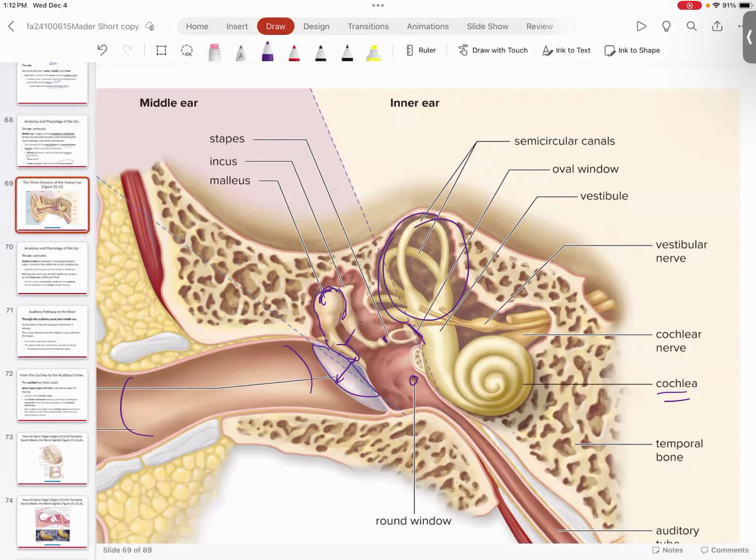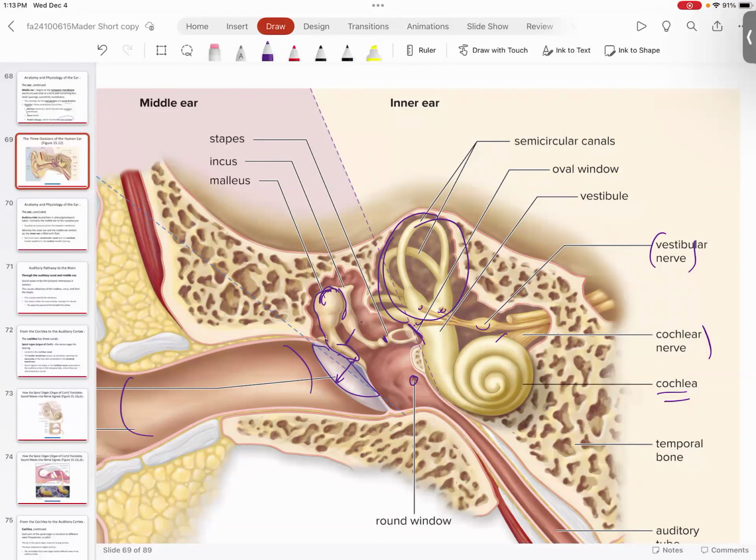And in between these, you have your cochlear nerve attached to the cochlea, and your vestibular nerve connected to the vestibules, or the bottom portions of these semicircular canals. Important thing to notice is the inner ear is entirely encased inside your temporal bone, safe and secure, which is exactly where you want it. Okay.